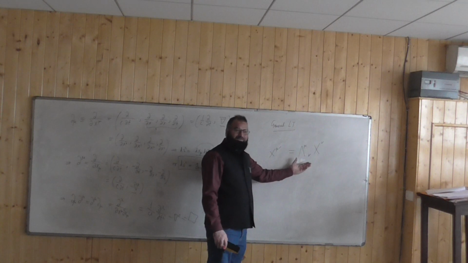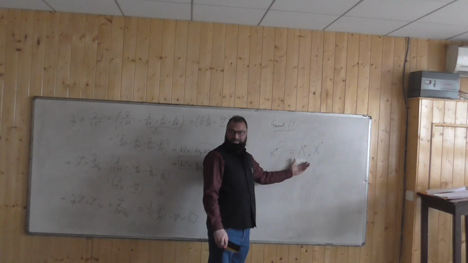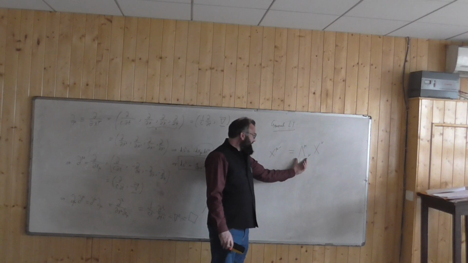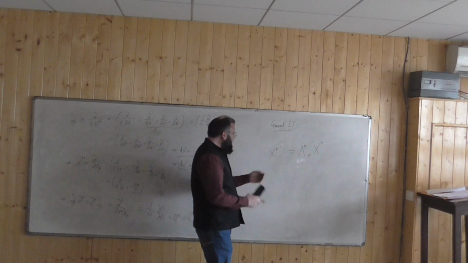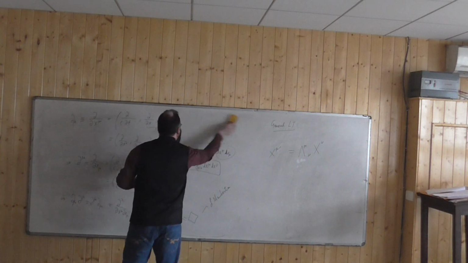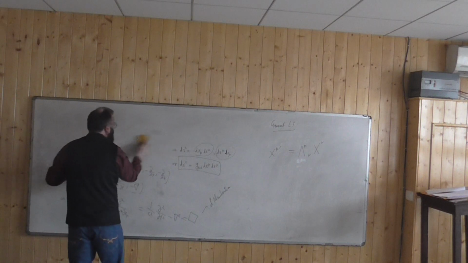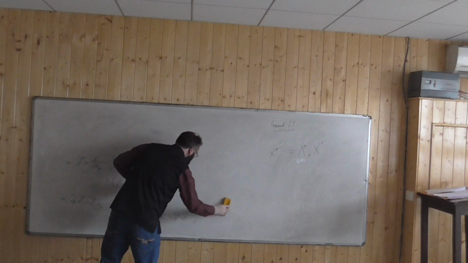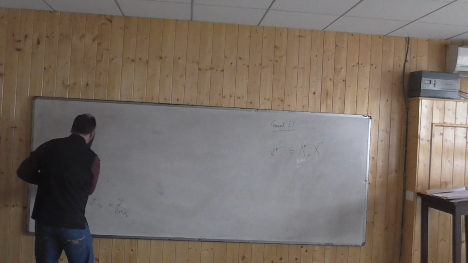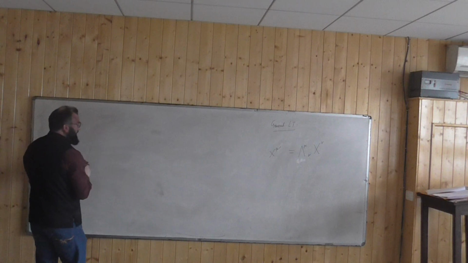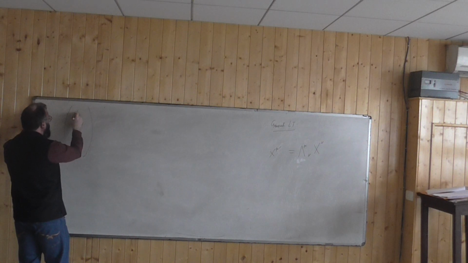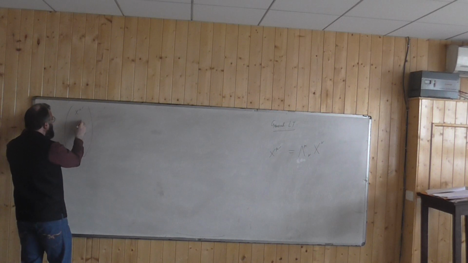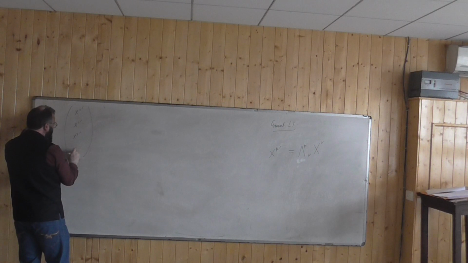Okay, so let's compare this with the Lorentz boost. This is a 4 by 4 matrix and it transforms your 4 vector to a new 4 vector. Let's compare it with the Lorentz boost, so then you can appreciate what this lambda mu nu is. So we have x0 prime; now I am using x0 instead of ct. x1 prime, x2 prime, x3 prime.